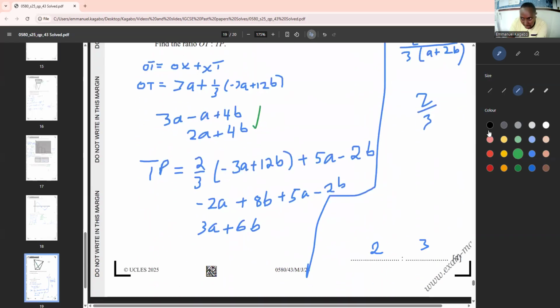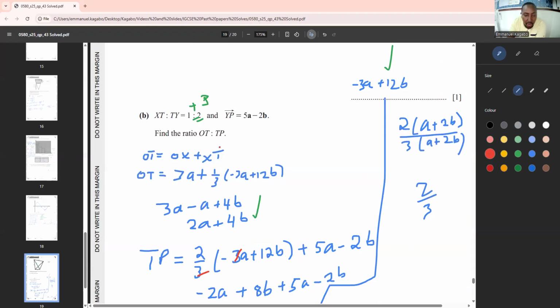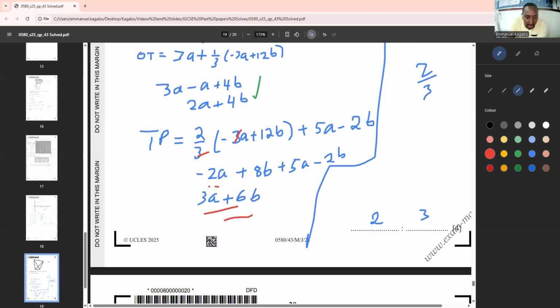So when you simplify here, this one gives me -2. When I simplify here, it will give me 8 plus that. When you simplify that, the question is asking me to find the ratio. For a ratio, you're just going to divide. I prefer to divide the big by the small. This is bigger than this, if you can see.